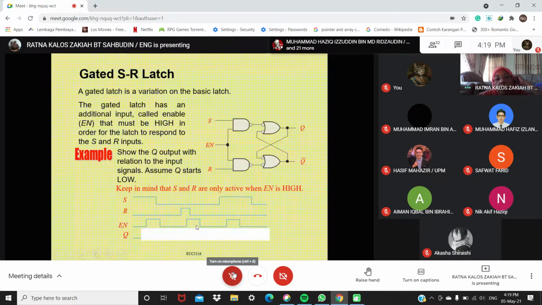And then look at this part, enable low. So enable low, it will not respond to the input. At that point also, S and R are low. So when S and R are low, there is no change. So here will be low until here. Then you see here, this enable is high, and then set is high. So this part will be high and so on.